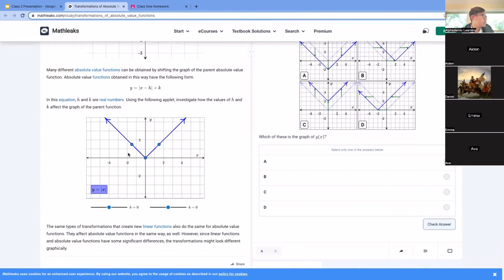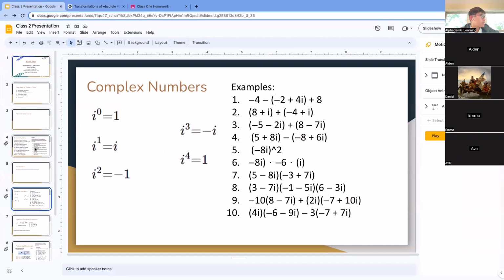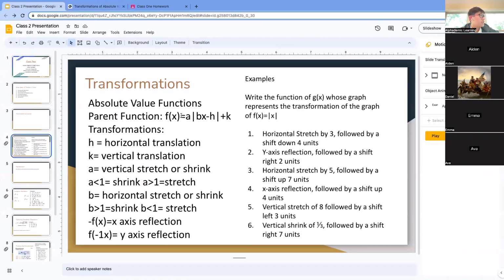First, h and k are real numbers, meaning they're not imaginary numbers. Referencing the equation again, f of x or y is equal to a times the absolute value of b(x minus h) plus k.